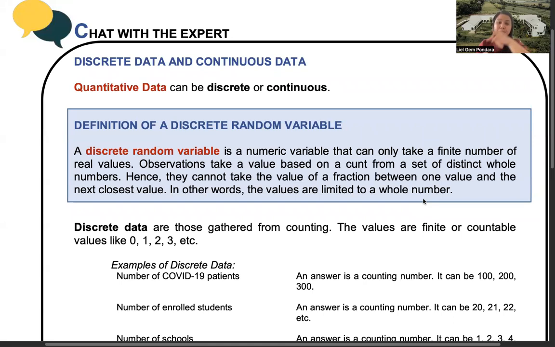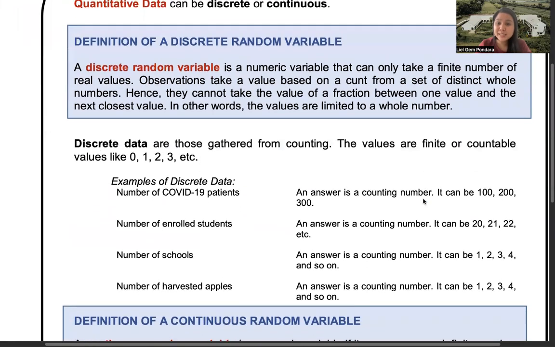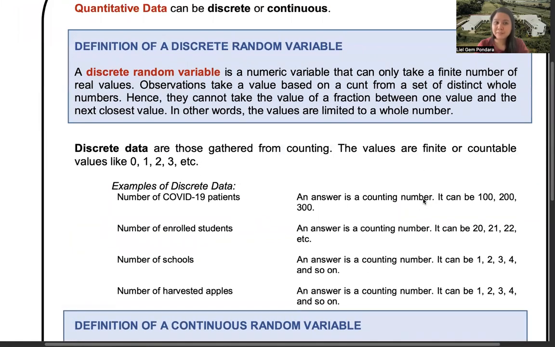Take for example, a while ago, we asked, how many members are there in your family? 5, 6. It's discrete data. Or how many students are there? 1, 2, 3, 4, 5. So it's discrete data. Now, here are more examples of discrete data.